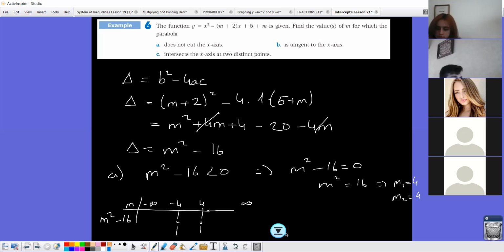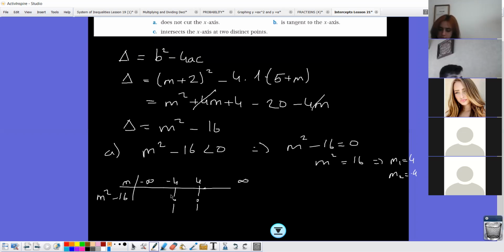The signs go plus, minus, plus. For A, I am looking for the less than 0 part, so it will be the interval from minus 4 to 4. M will be between minus 4 and 4 for A.